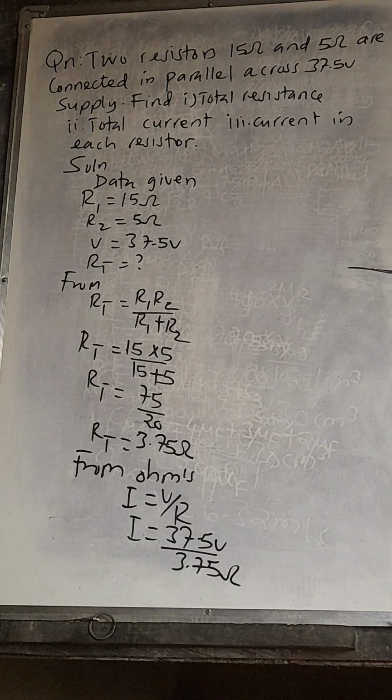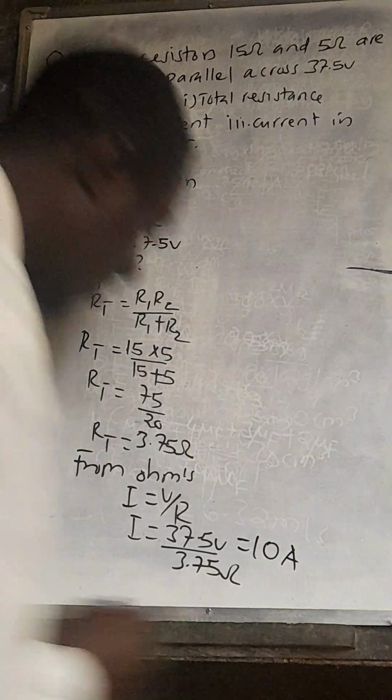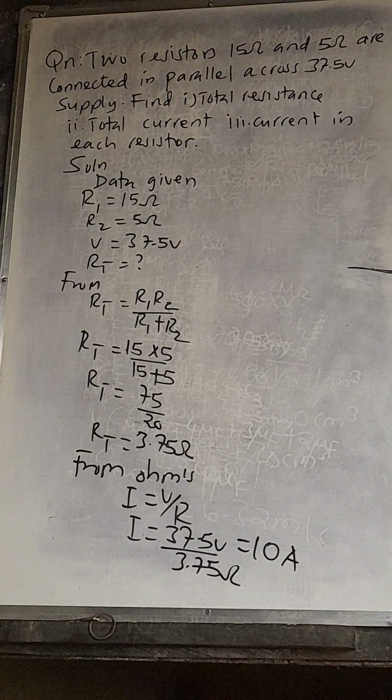So you can get the current, which is 10 ampere. So this is the total current.